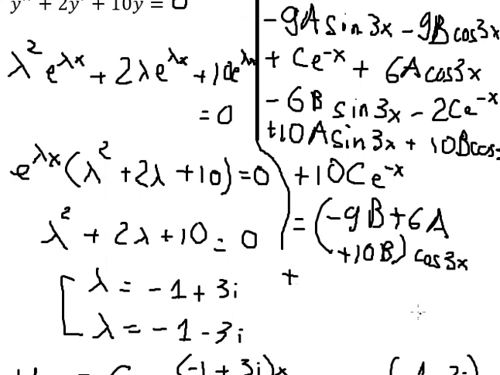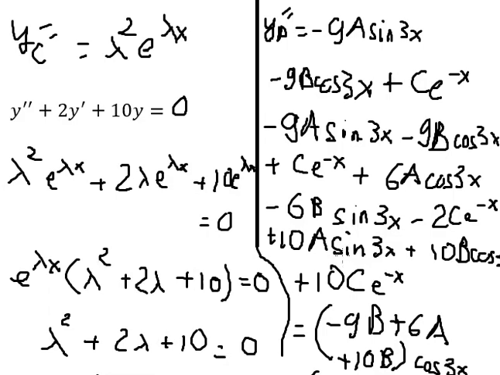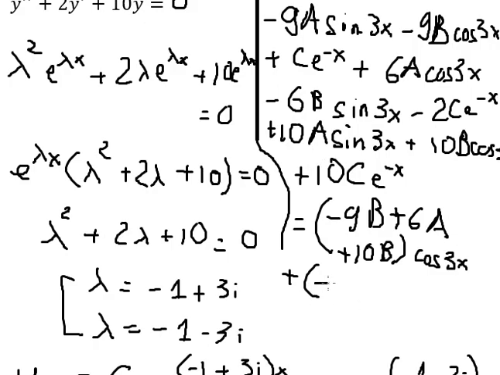Now let's go to sine 3x. About sine 3x, we have negative 9a and negative 6b. And the last one, that's 10a. And this one, that's for sine 3x.